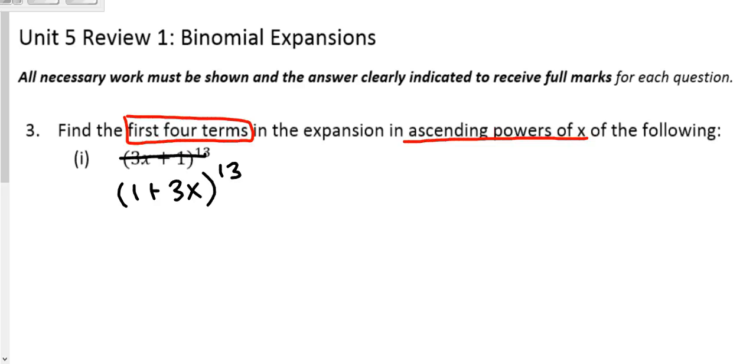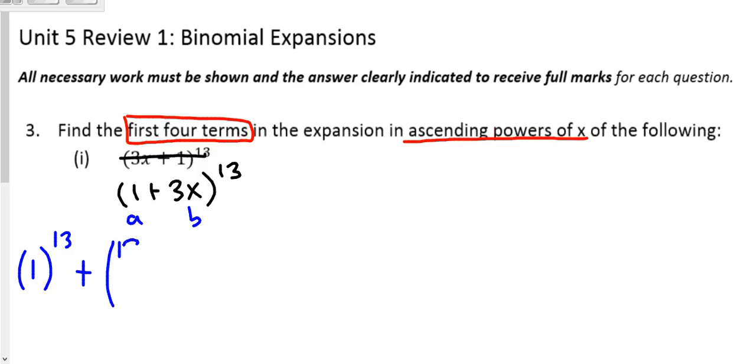So to find the first 4 terms, you can either do this using Pascal's triangle for the 13th row if you really want to find it all the way to the 13th row, or you can use the binomial theorem. The binomial theorem starts with, we have a here and b. So if a is 1, we have a to the 13th plus, now we have our binomial coefficients.